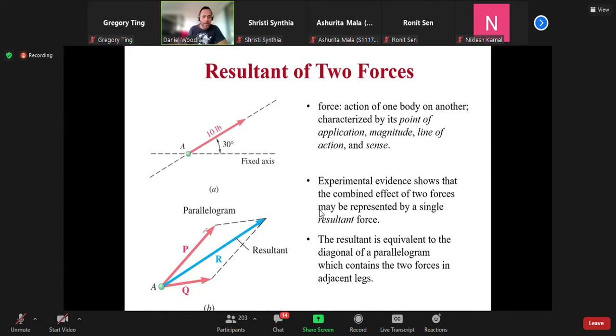So over here we've got the resultant as equivalent to the diagonal of a parallelogram. I've got two forces here, P and Q. They both act through point A. What we're saying here is the resultant, R, is equivalent to a parallelogram. So essentially I've got Q here and I've got P here.